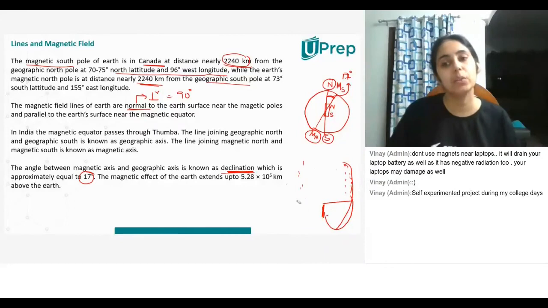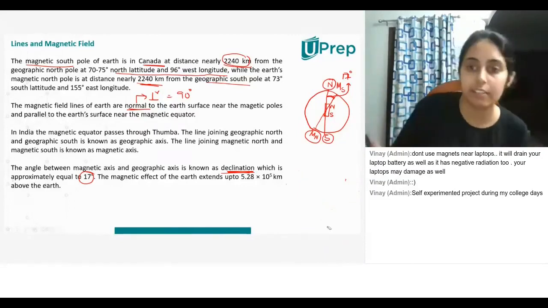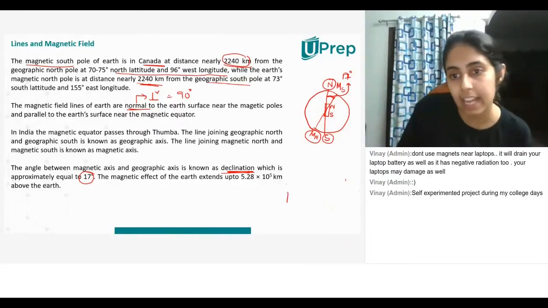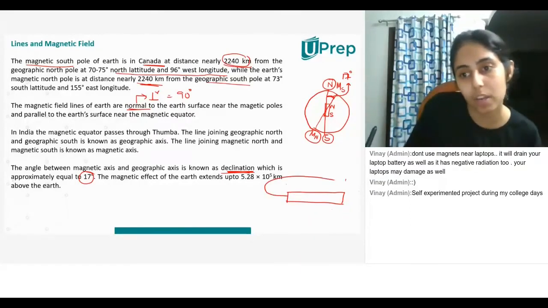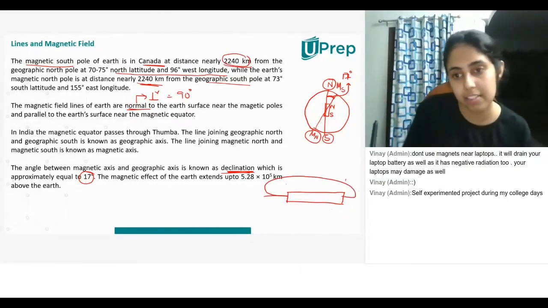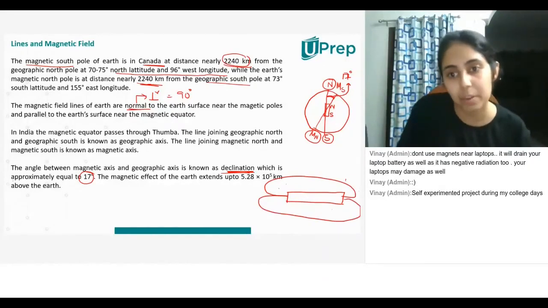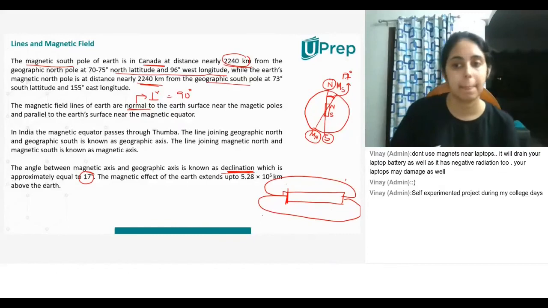So if I say this is my magnet and the magnetic field lines come like this and they go like this, then what is this angle? That's 90 degrees. Very good. And this angle? 90 degrees.